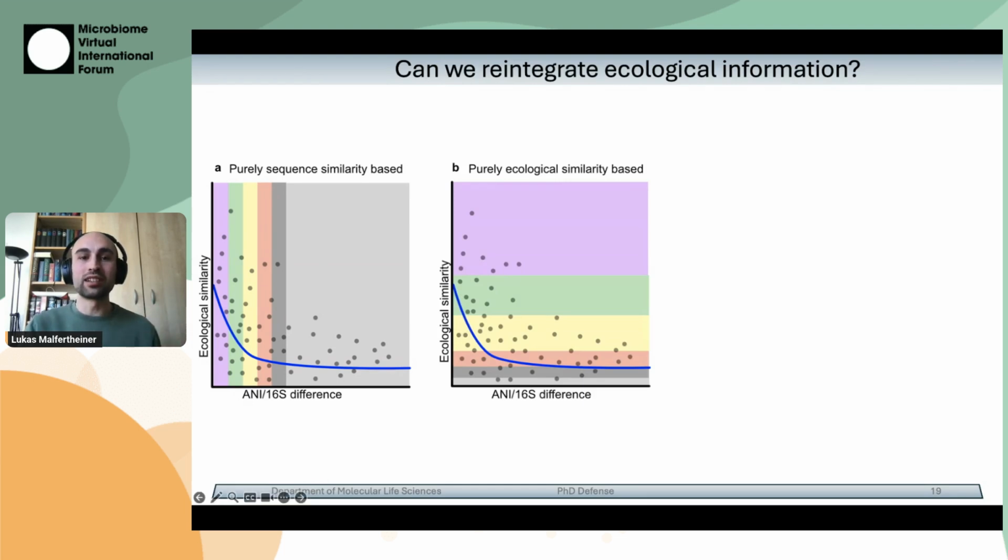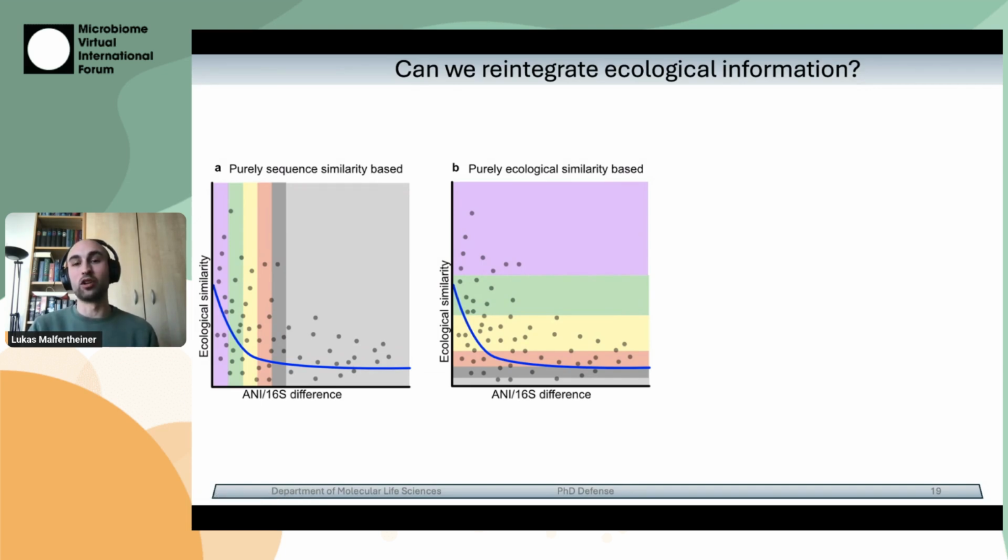So in this hypothetical example, we would take purely ecological similarity, where we would cluster OTUs based on how similar their environments or the communities are to one another. And we think that in the future, an example for such a signal would be this community conservatism, or the similarity of their communities.